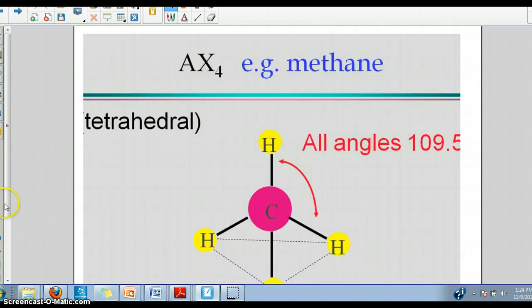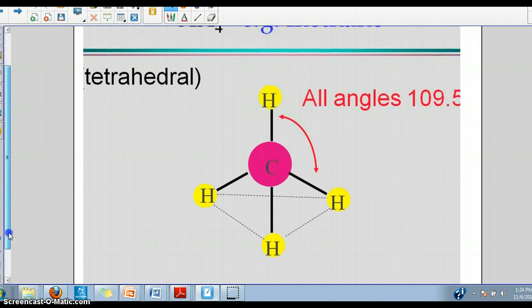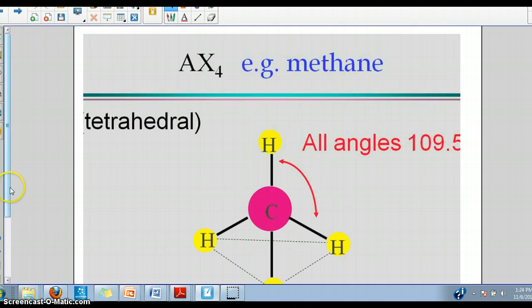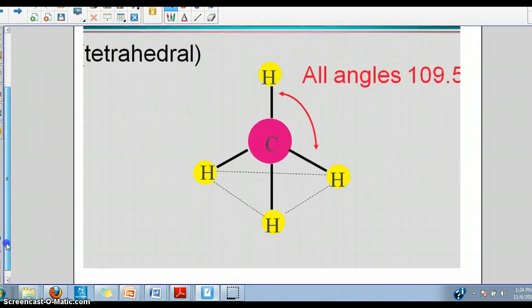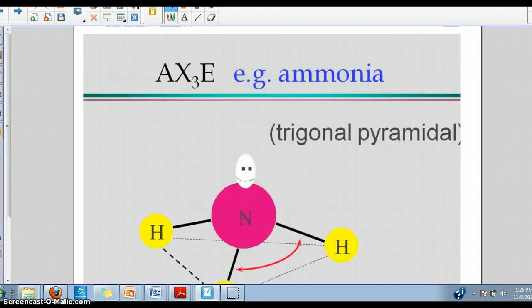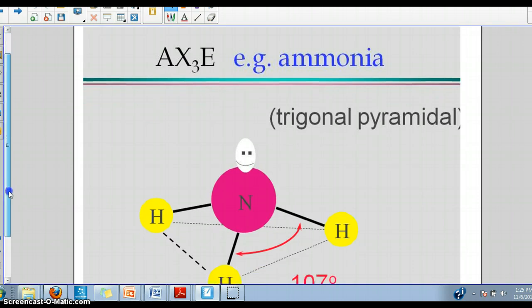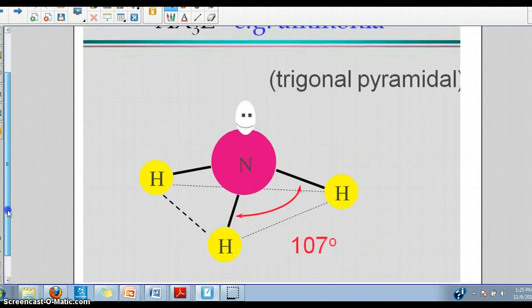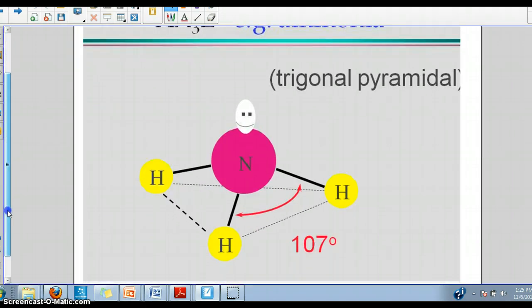Okay, so let's look at these a little bit more. So here's our AX4 example. We see that it has bond angles of 109.5 degrees between each of the hydrogens. All right, and then when you throw a lone pair in there, that is going to decrease your bond angle to 107 degrees because this electron pair up here is pushing these down closer together.